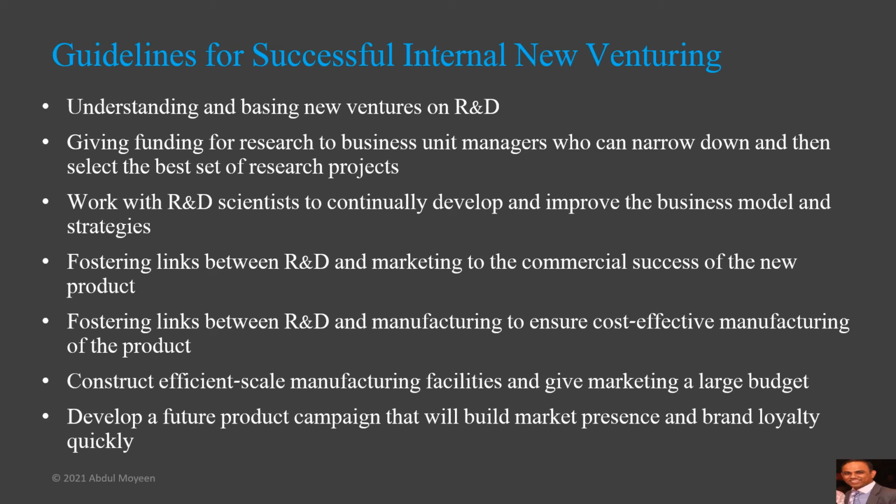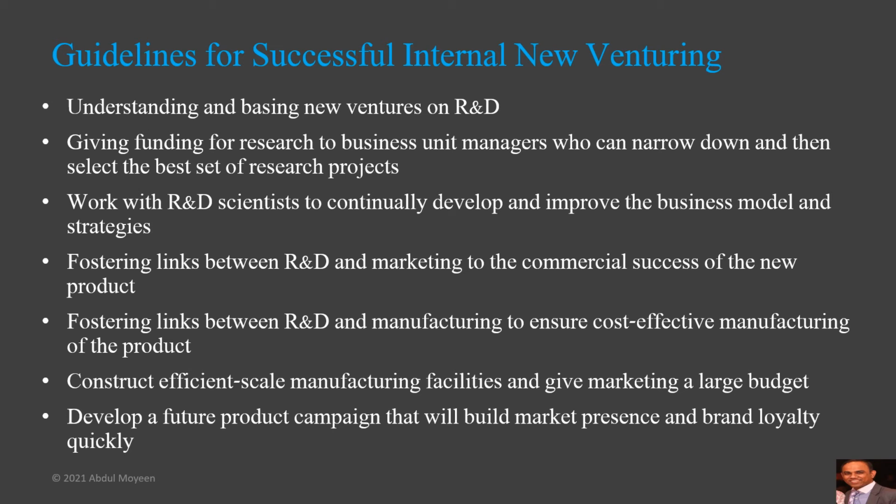Next, a company should foster close links between R&D and manufacturing too, because they are the people in production and manufacturing who will actually be producing this product. They have to have the competencies and capabilities. If they don't have them, they should work collaboratively with research and development to see what capabilities they need to build, or how the product should be redesigned by research and development so they can make it in a cost effective way.